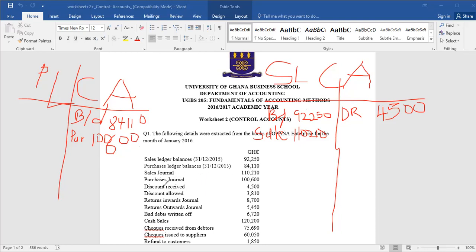You can only receive a discount when you are buying purchases. So this is supposed to come here. Okay, so this is supposed to be discount received. So what I wrote there is rather supposed to come here. Okay, so don't worry. I said I'll solve it and give you the solutions. This is just to give you rough work and give you discount allowed.